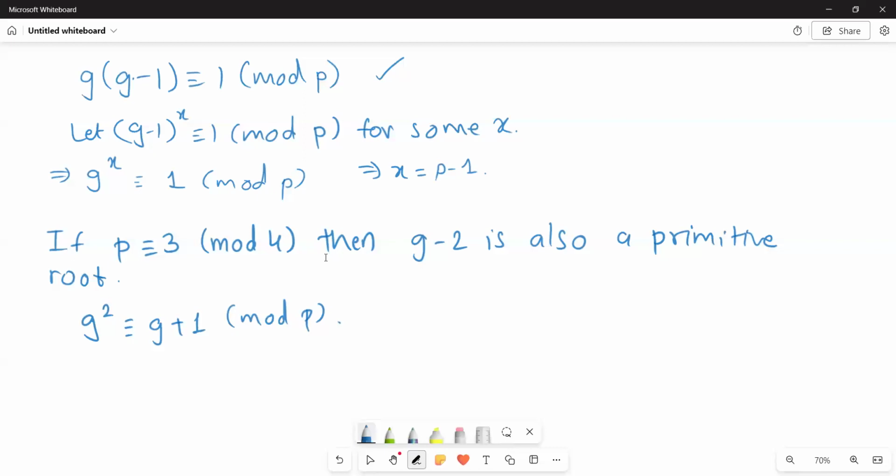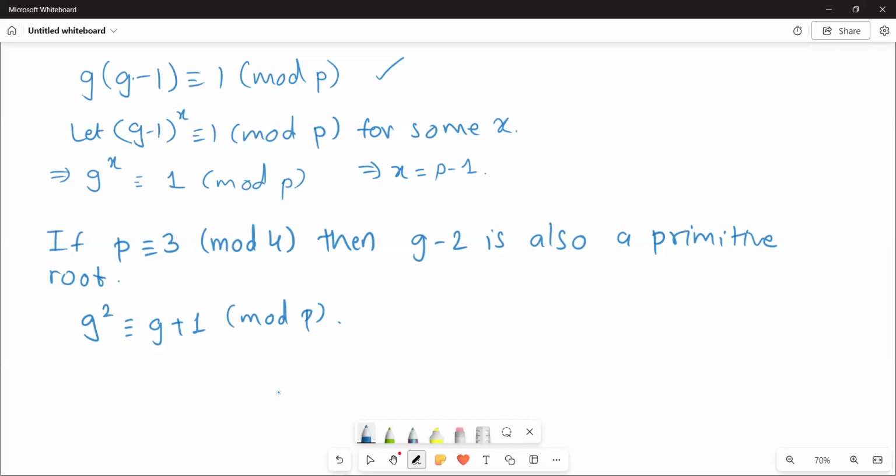Okay, I think I should give a hint now. So we wanted something like this, right? So we can do this: g squared minus 2g is congruent to minus g plus 1, right?